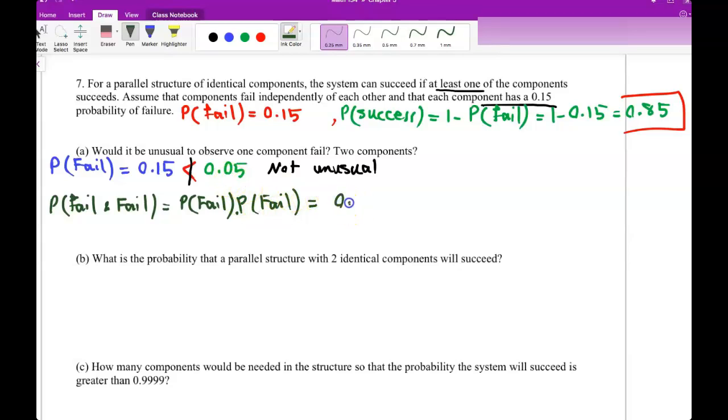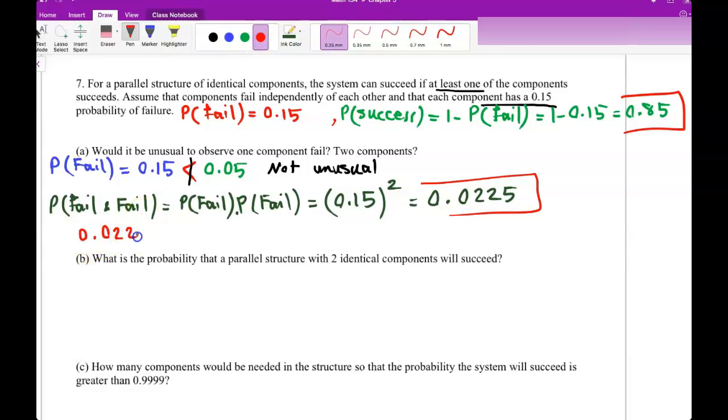We have 0.15 power 2, that is 0.0225. So this number is less than 5%. The answer for this part is yes. This is unusual.